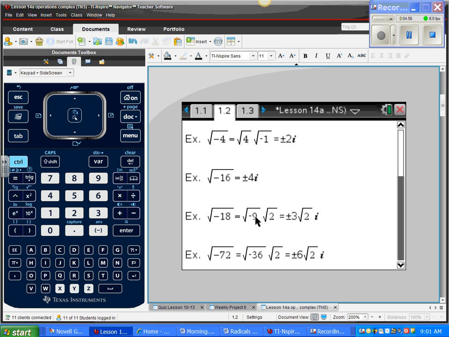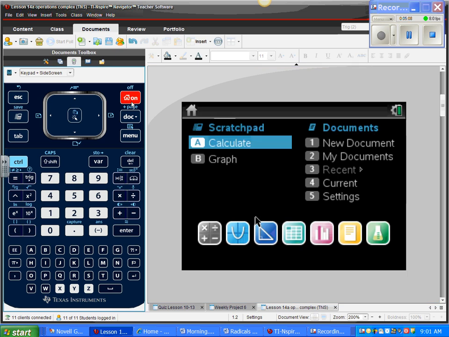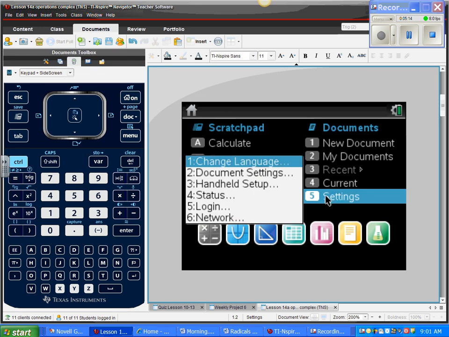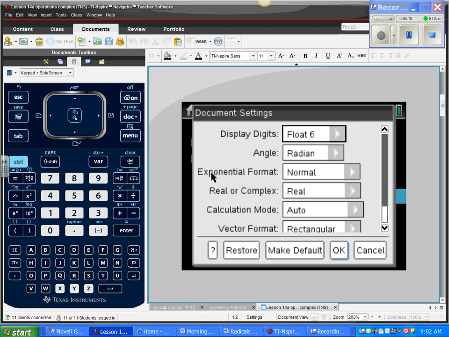Not so much? Okay. So before I told you your calculator can do this, right? But in order for your calculator to do this, you have to be in a specific setting. Okay, so what I want everybody to do is hit home and go to their settings, which is option 5. Open up your document settings.